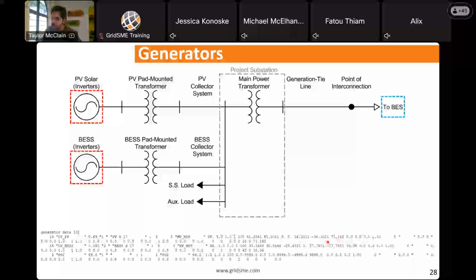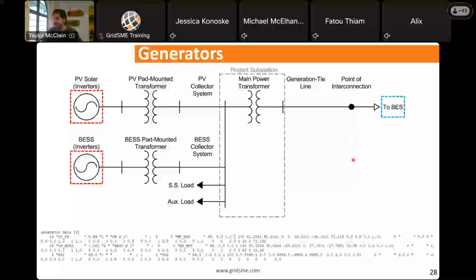If you were to divide this by 17, you would get the individual rating of each of those inverters in MVA. And then the real power output, reactive power range, these types of values are similarly calculated by taking the individual output and multiplying it by the number of inverters that this single generator represents.